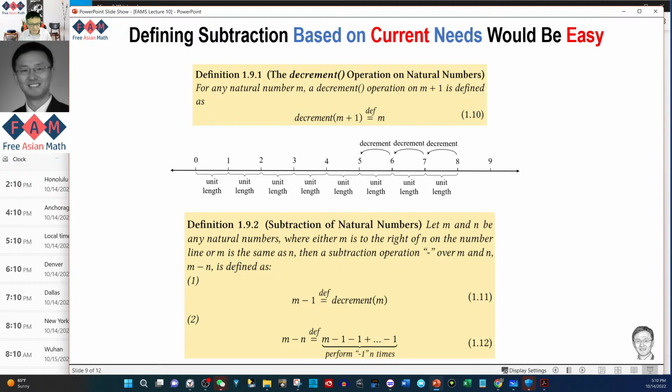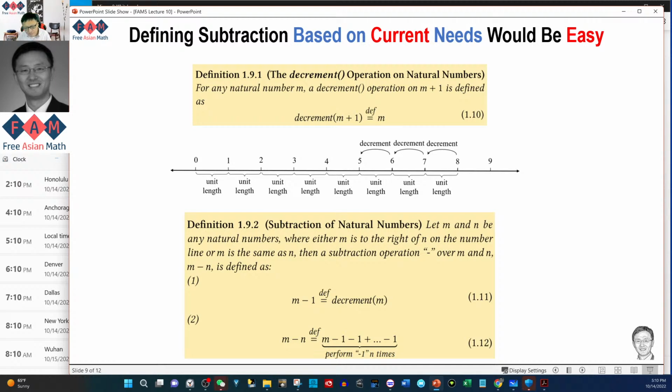Whenever this constraint is satisfied for any two natural numbers m and n, then the subtraction operation, written as m minus n, which you should be familiar with. Remember, m is the larger one or equal to n. So m is either greater than or equal to n. In this case, this subtraction operation is defined in this way.